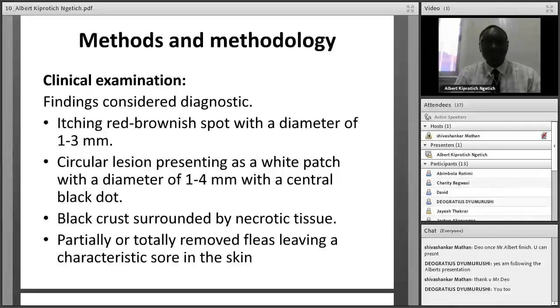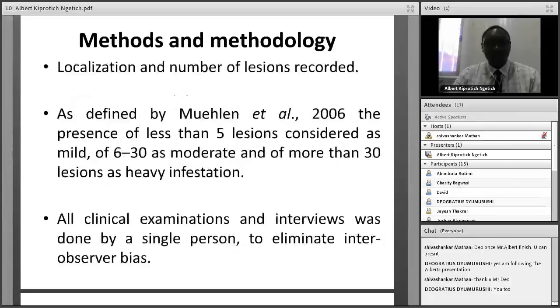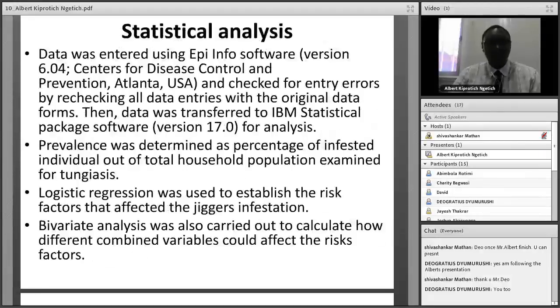Localization on a number of lesions was also recorded. In the statistical analysis, the data was entered into the EpiInfo software and also SPSS version 17.0 for analysis. Then prevalence was determined as a percentage of infested individuals out of the total household population examined for Tungiasis.